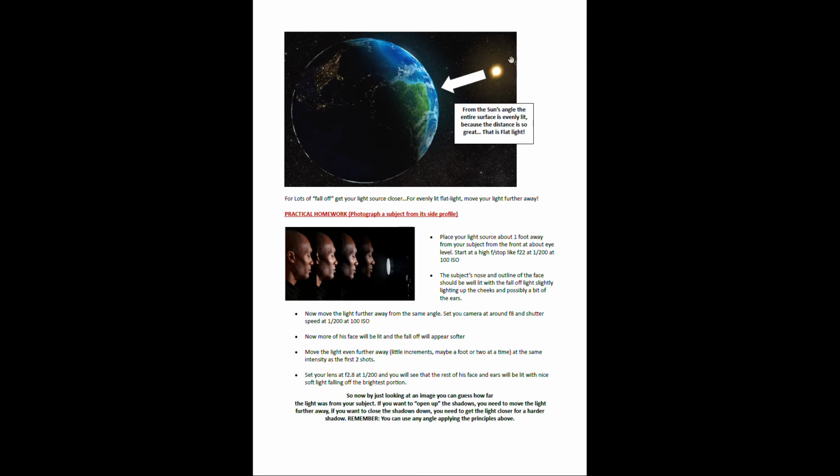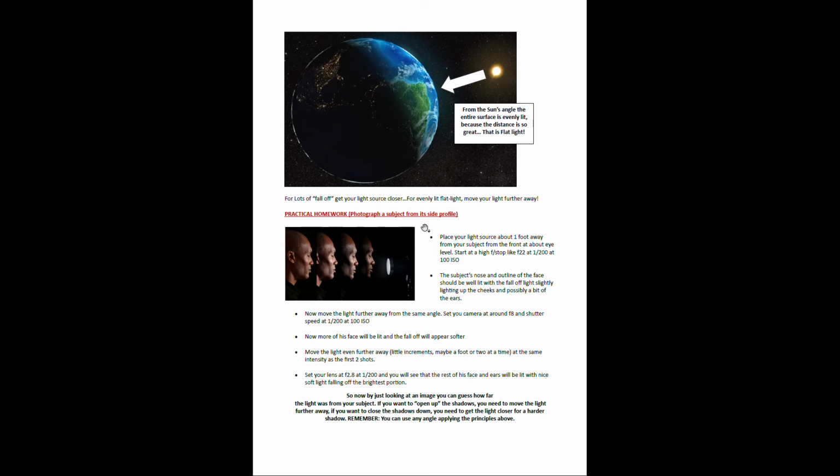If we draw a line from there to there and from there to there, we're going to end up with very soft light, filling the entire one half of the planet. If you think of planets that are further away, like Pluto, Mars, and so on, the sun would be a lot smaller and further away, so it's going to be colder, and the light intensity is going to be a lot less than what we would have on Earth, which is a little bit closer.